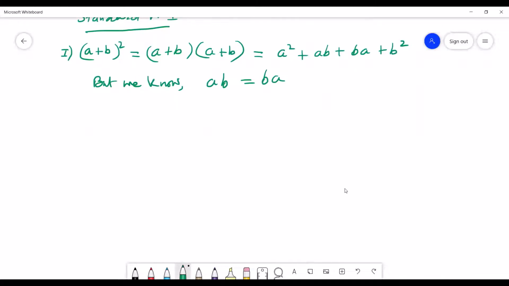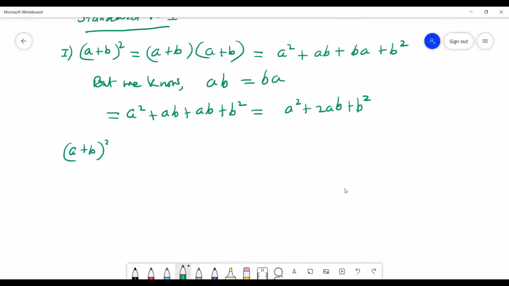So we can write this expression as a square plus ab plus ab plus b square, that is a square plus 2ab plus b square. So the algebraic identity means (a + b) whole square is equal to a square plus 2ab plus b square. This is very important.